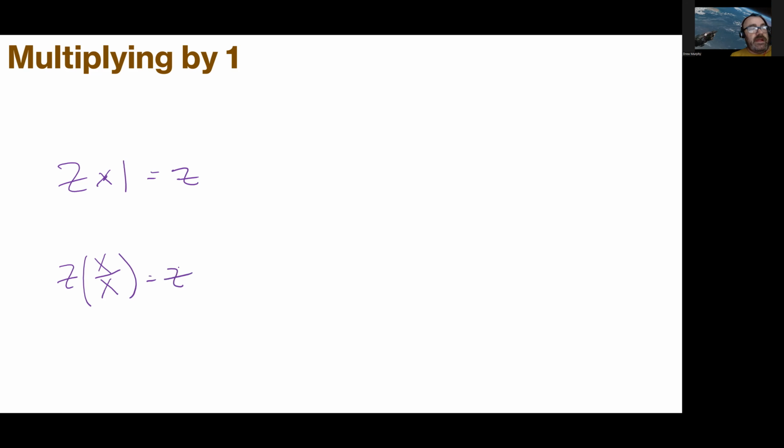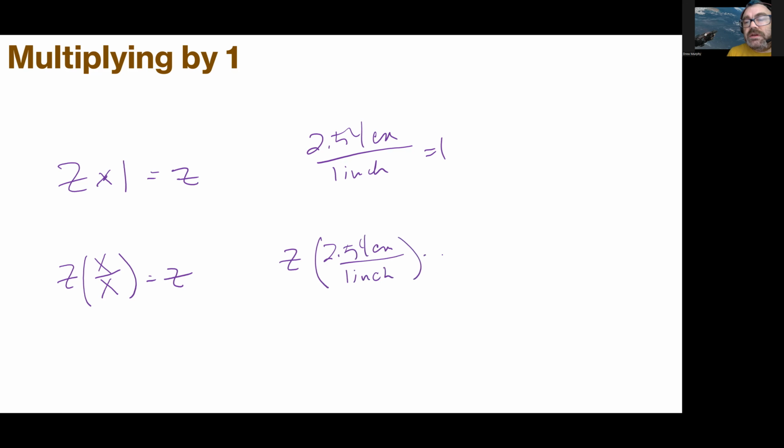It's the same idea. Okay, so when we're multiplying and working with these conversion factors, we could say since 2.54 centimeters over 1 inch is equal to 1, then whatever our thing is, so if we said we had, I don't know, we're going to say we have z and we multiply it by 2.54 centimeters over 1 inch, that's equal to 1.